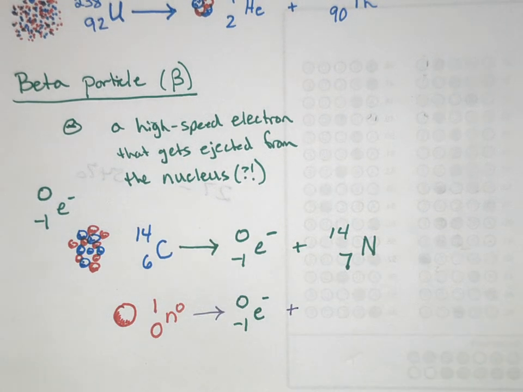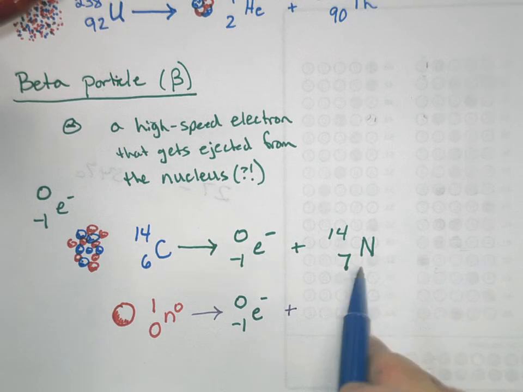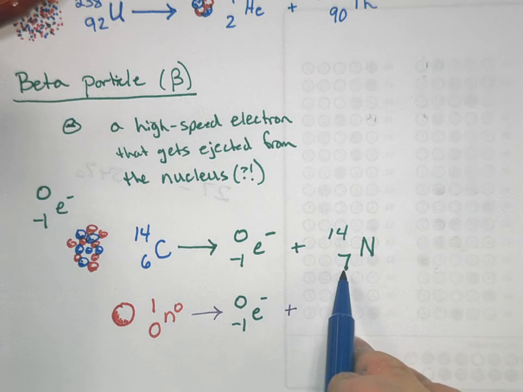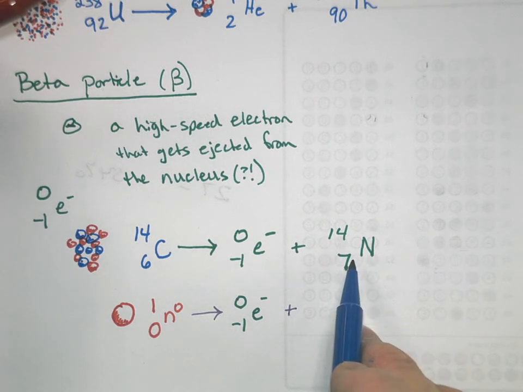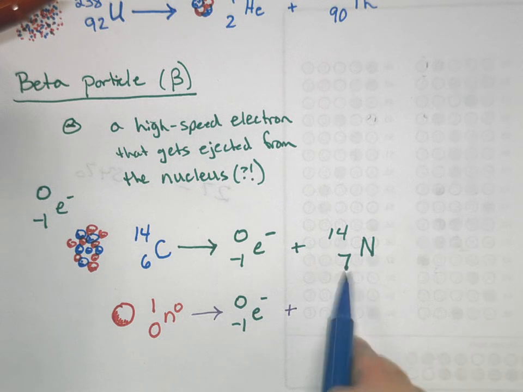But what happened to the atomic number? This 6 went up to a 7, right? Which means if it's atomic number 7, then there has to be what? Yeah, we gained a proton. This is our number of protons. We had 6 before, now we have 7. We gained a proton.